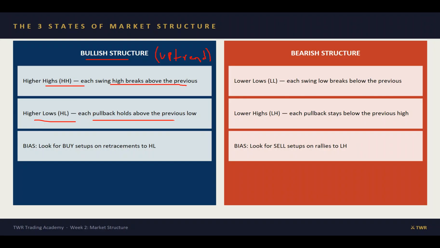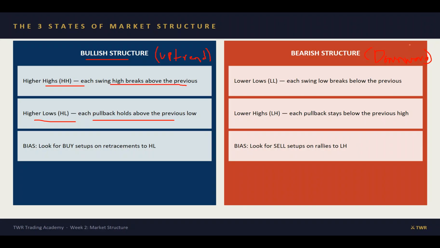And for a bearish or downward trend, it is characterized by lower lows and lower highs, where each swing low breaks the previous one, and the pullback high stays below the previous high.